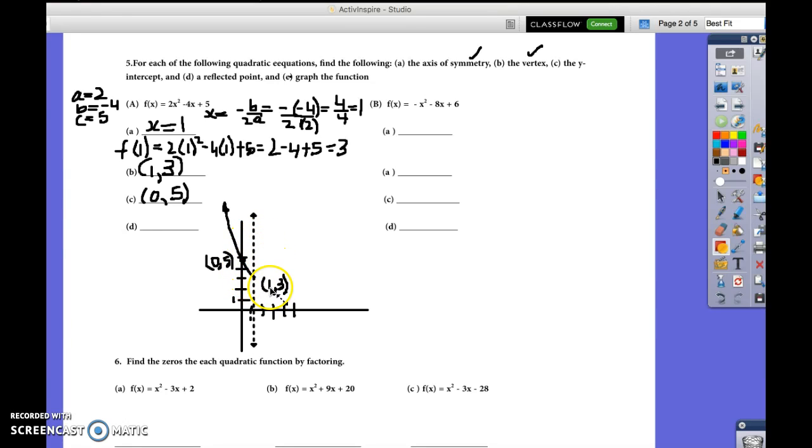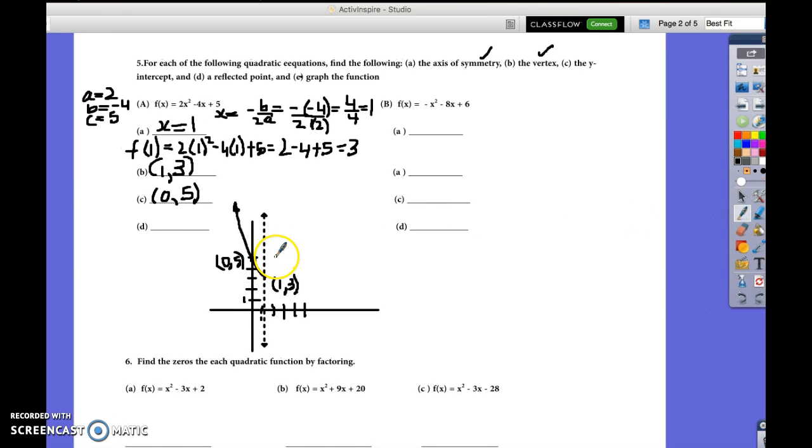And here comes the reflected point. This axis of symmetry is a mirror that will reflect the y-intercept over on this side. So the intercepted point will be as far to the right of the axis of symmetry as the y-intercept is to the left. The y-intercept is 1 unit over here, so the reflected point will be 1 unit over here.